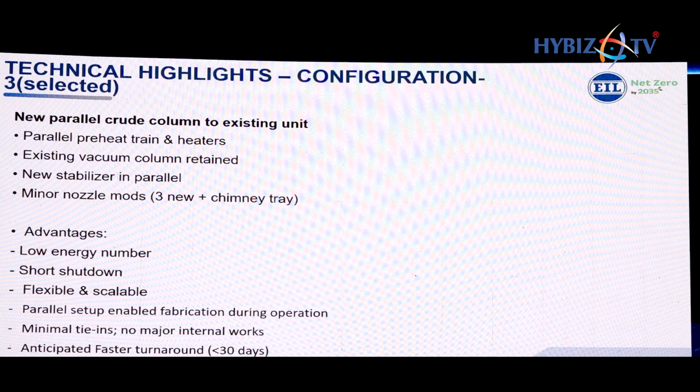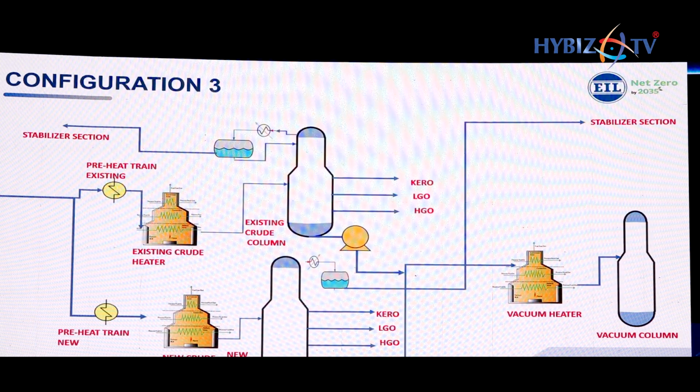Now coming back to the option you can select. Although it is against the mindset, and many people sitting here who know crude units and revamp options might know this, it is against the myth. If you do a parallel crude column along with a crude heater, it will probably give a better energy number.